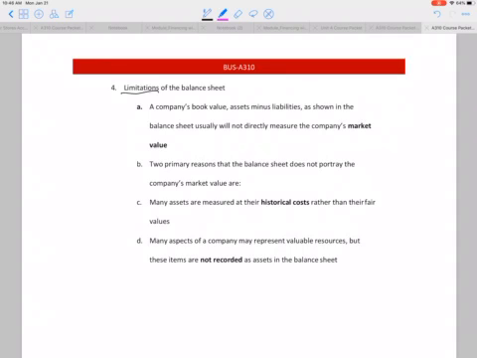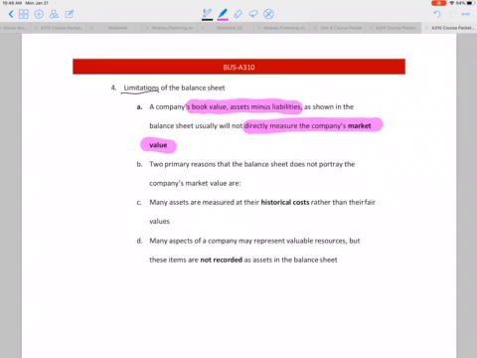So one of the greatest limitations is that the book value, which is assets minus liabilities, may not directly measure the market value of the company. And that's because there are some things that may be an asset. It may create value for the company, but it is not going to get recorded as an asset on the balance sheet.